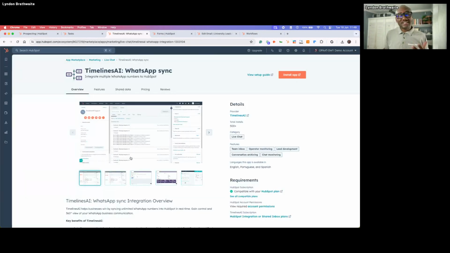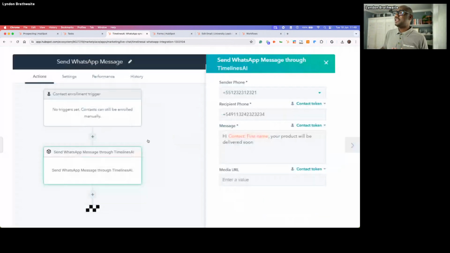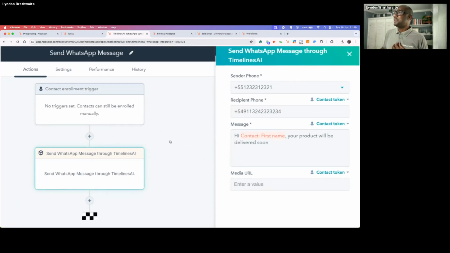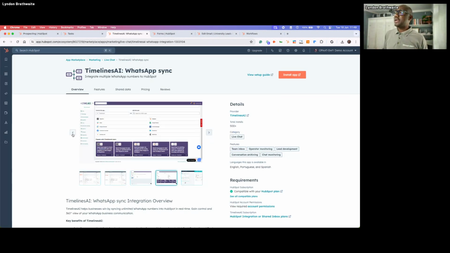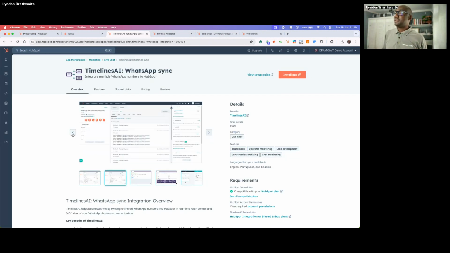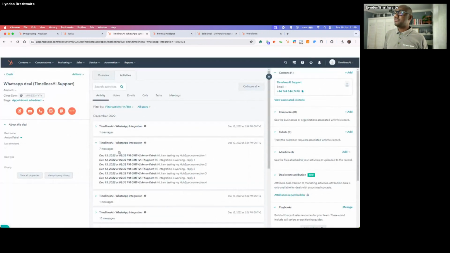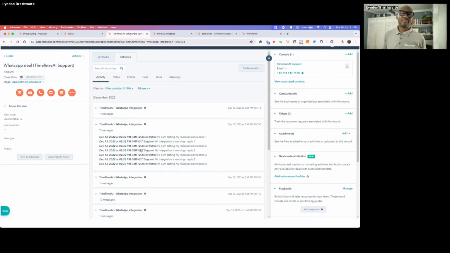Let me just say it, I think it's better than HubSpot's own native application, because within here you get the ability of running those WhatsApp messages, and it captures voice notes and videos. It saves it right inside of the record in real time.